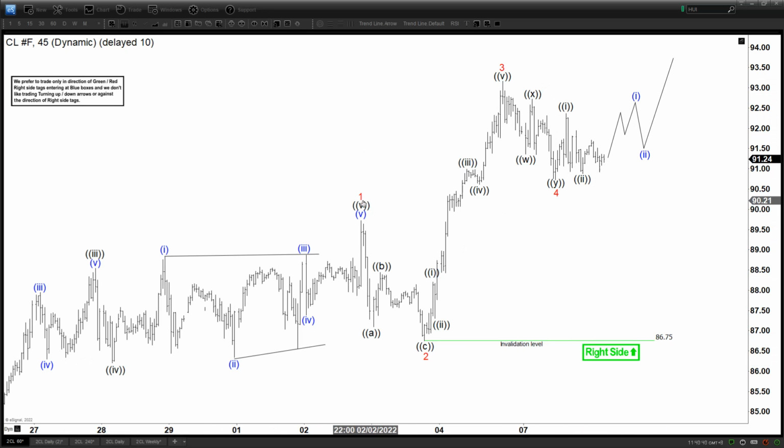We can see this with 1 here, with 2, and then now we have a 3 and a 4 in place, and potentially we can see one more leg up to finish with 5 as long as the pullback stays above 86.75. All right. So we're going to take a look at a couple of things, both in the short term as well as the medium term in oil, looking at the structure, looking at the alternates and all those things.